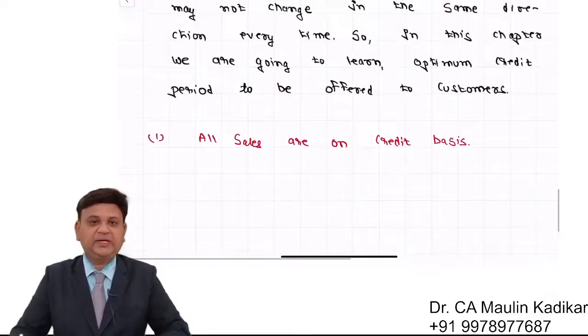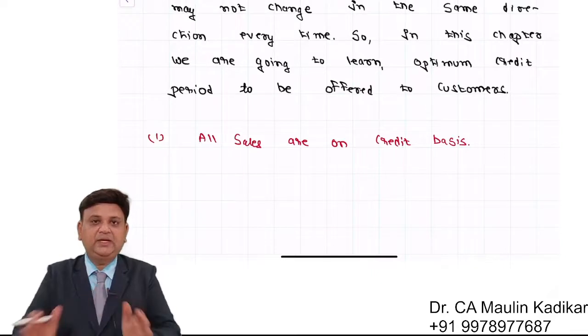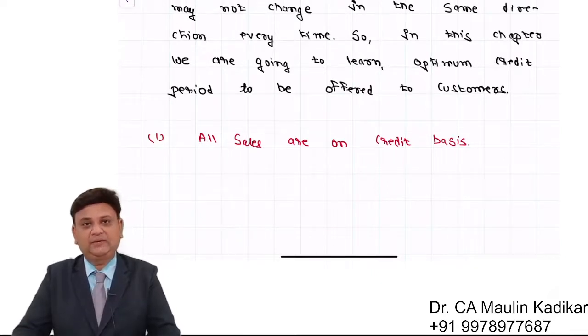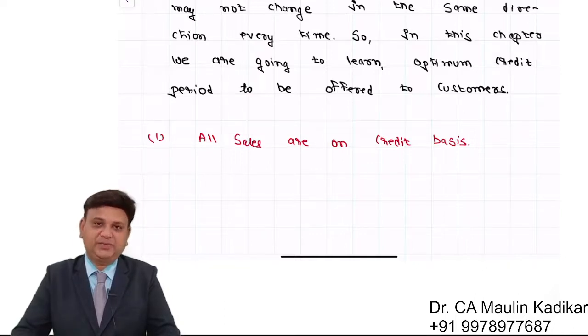So the assumption is made that whatever the sales of the company is, it is entirely on credit only, unless we have been provided that a certain portion of the sales is on cash basis.